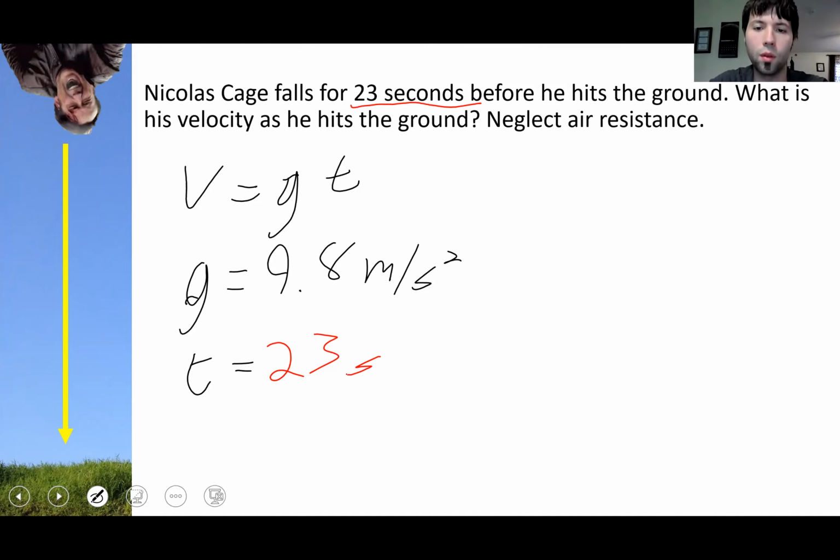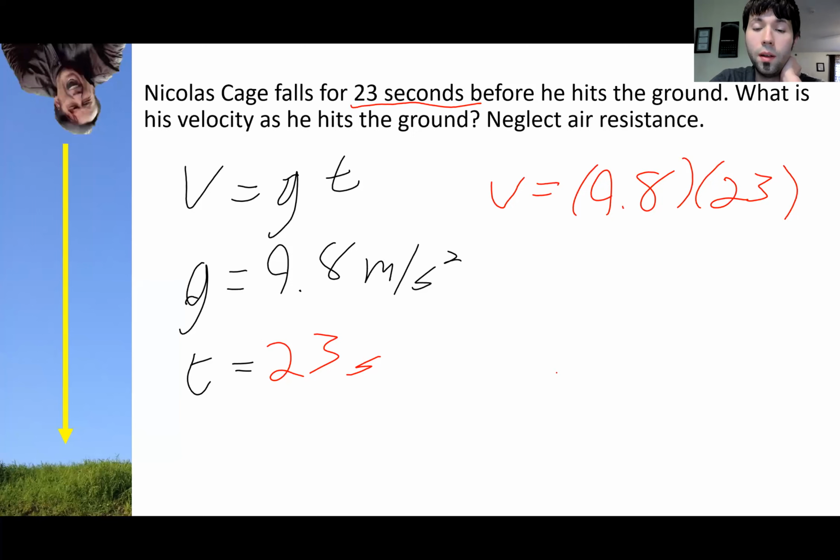So let's solve for the velocity. Velocity equals 9.8 times 23 seconds. Excuse me while I pull out my calculator.